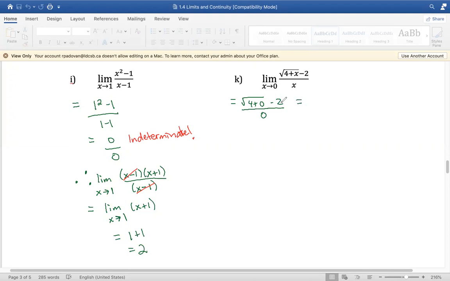But what's the top going to be? 4 plus nothing is 4. The square root of 4 is 2. So 2 minus 2 over 0 is 0 over 0, which is again an indeterminate. I need more room down below.